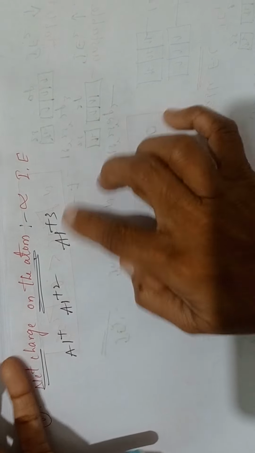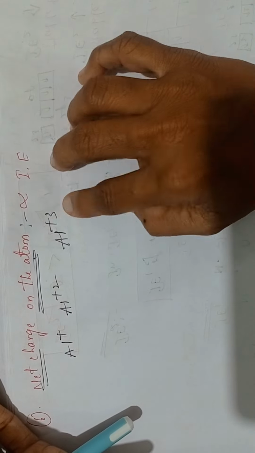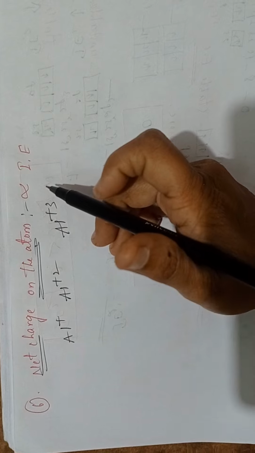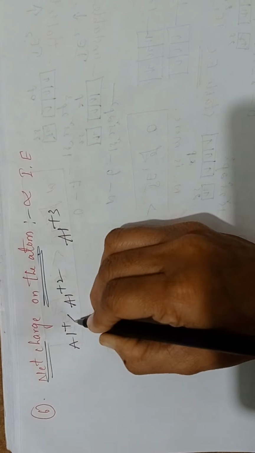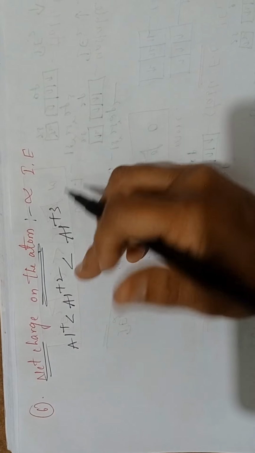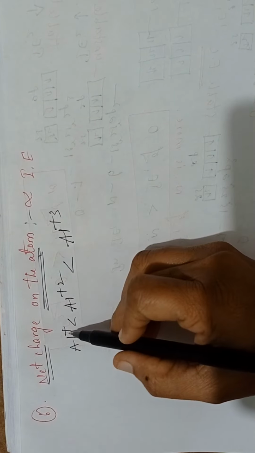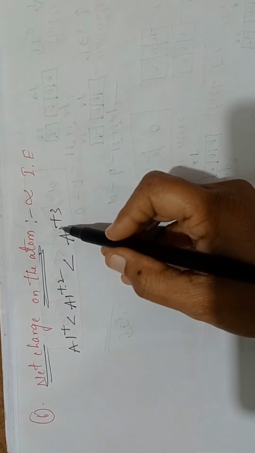Charge on the atom increases, plus 1, plus 2, plus 3, and ionization energy also increases. How does the charge increase? Here 1 electron is lost, here 2 electrons are lost, here 3 electrons are lost.